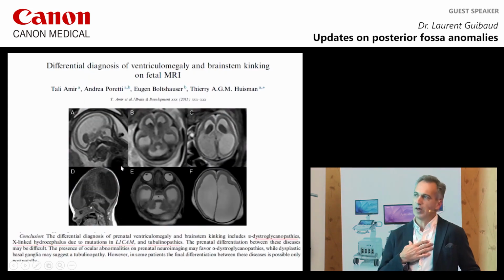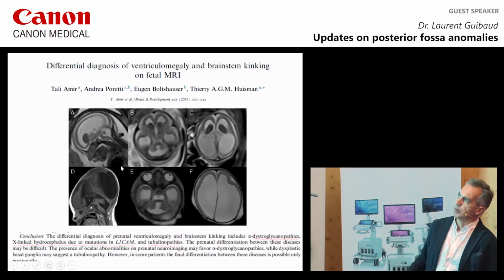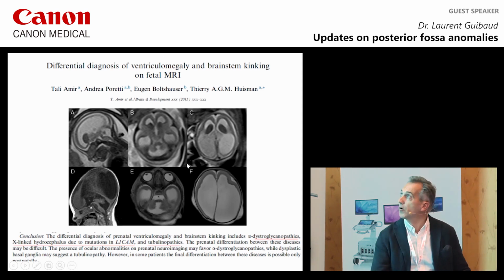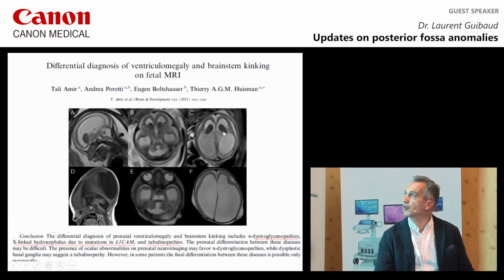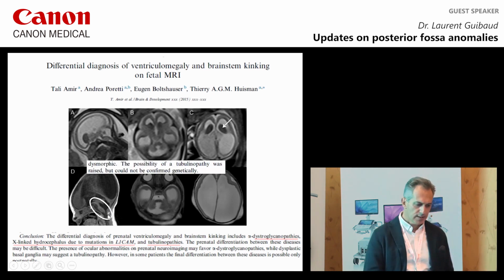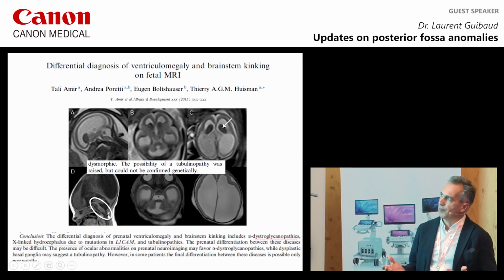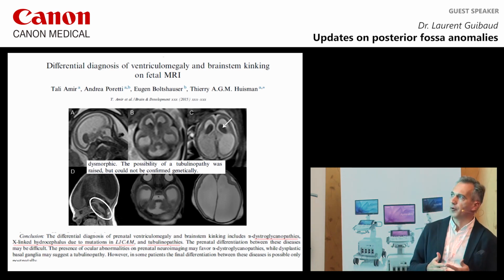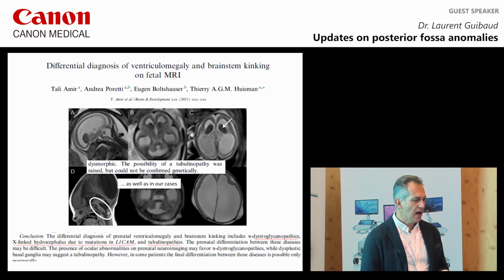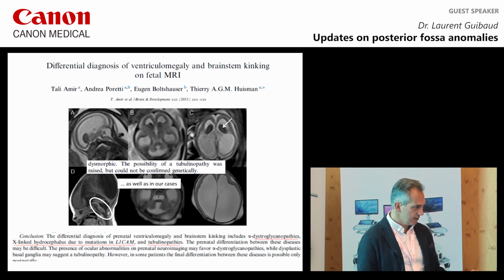And our case was very similar to the case reported by Poretti and Baltzhauser about ventriculomegaly and brainstem kinking. You can see here that you have a very large germinal zone. And look at the brainstem, it's the same thing. In the article, they said that the possibility of tubulin was raised, but not confirmed genetically, as in our case. We tested tubulin, and it was not tubulin.